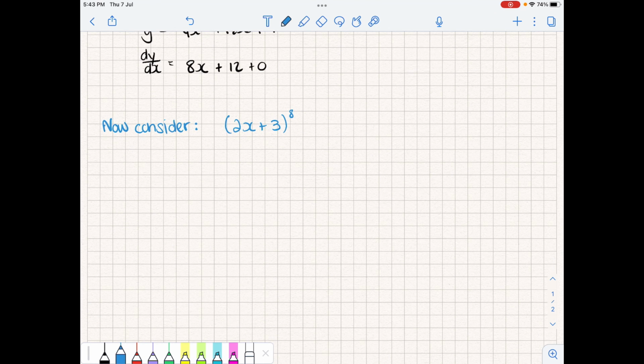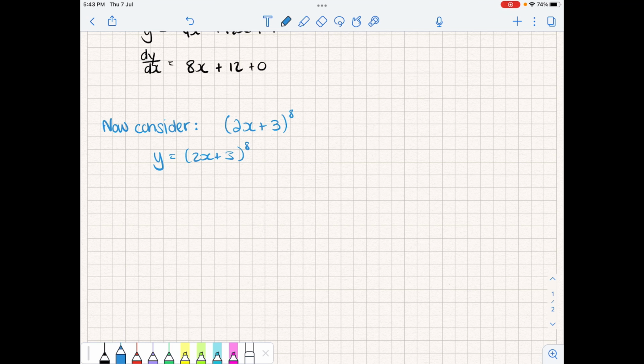So let's say, for instance, this is some equation y equal to 2x plus 3 to the power of 8. So in order to use the chain rule, we're going to use a technique called substitution. So we're going to substitute the term inside the brackets for another variable. So let's call it u.